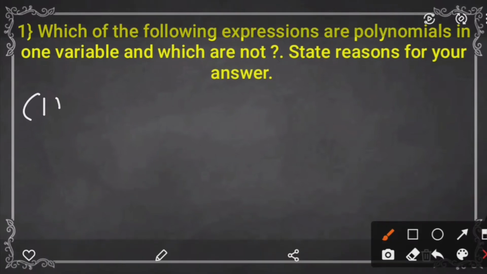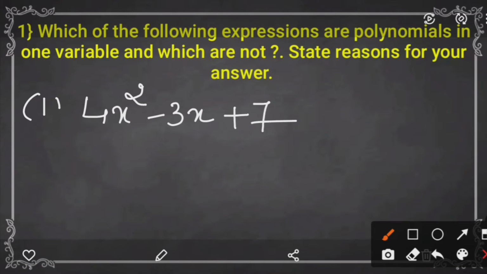The first expression is 4x square minus 3x plus 7. Whether this expression is a polynomial in one variable or not?